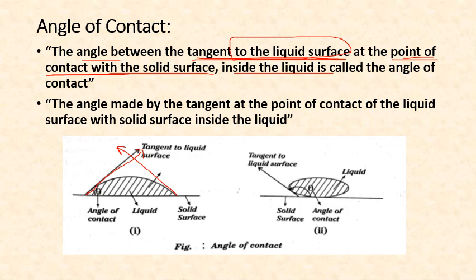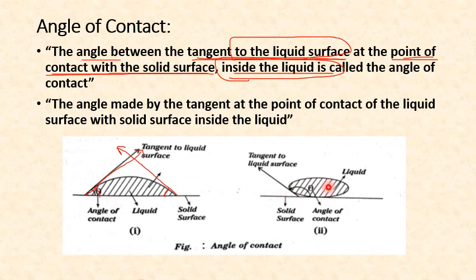Then the angle should be considered inside the liquid. So inside the liquid the angle will be like this, and for this contact point the angle will be like this. These two will be the angles of contact for this liquid on the solid surface.